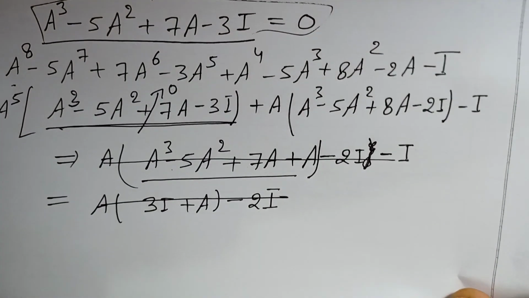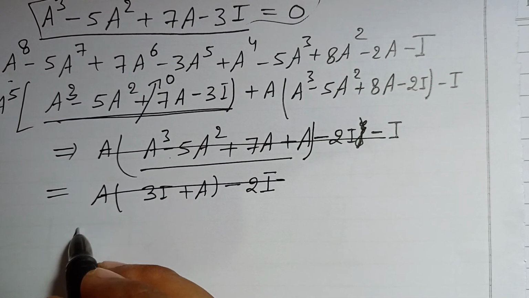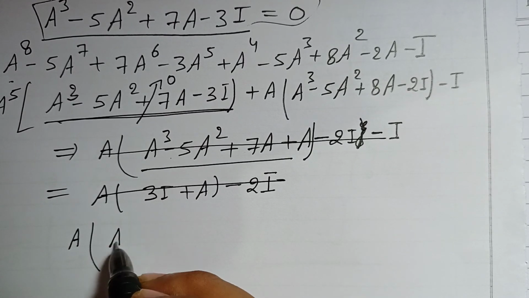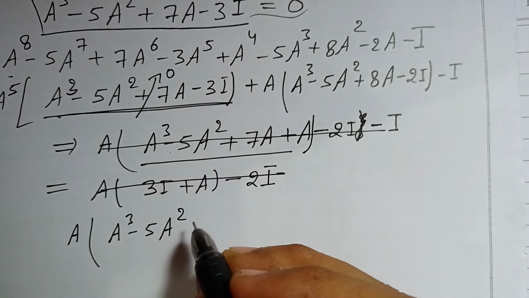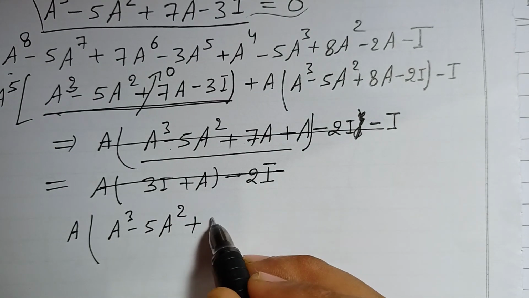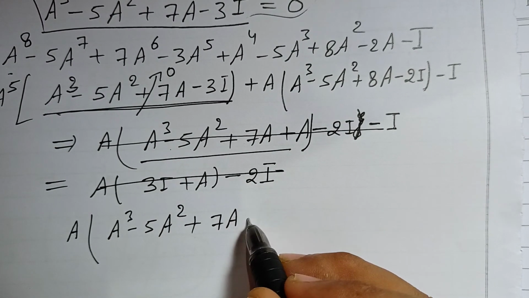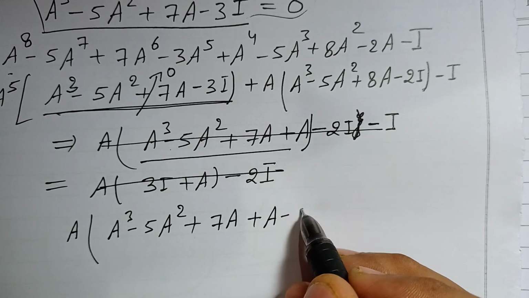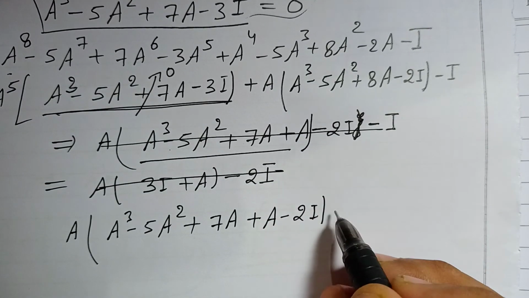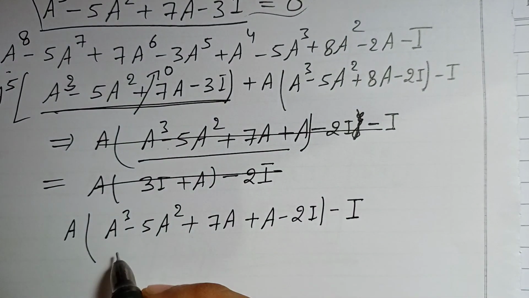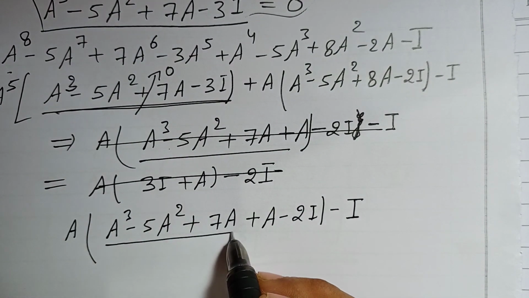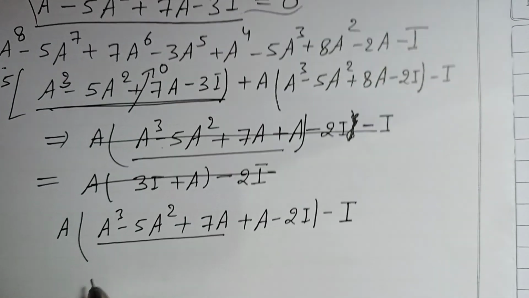So this is 0. Now what we have is A times (A cube minus 5A square plus 8A, meaning write 7A plus A) minus 2I minus I, fine. Now this is equal to 3I, so we have 3I.